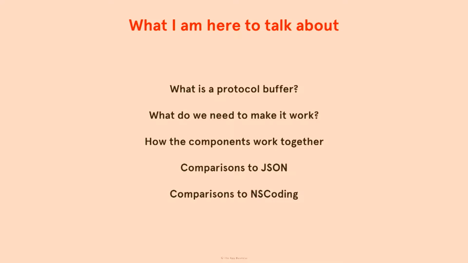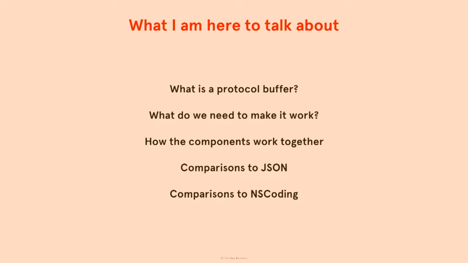So my internet-based reactions aside, what am I actually here to talk about? First and foremost, what is a protocol buffer? Why is it going to be useful to me, or why won't it be? Should I care about it?